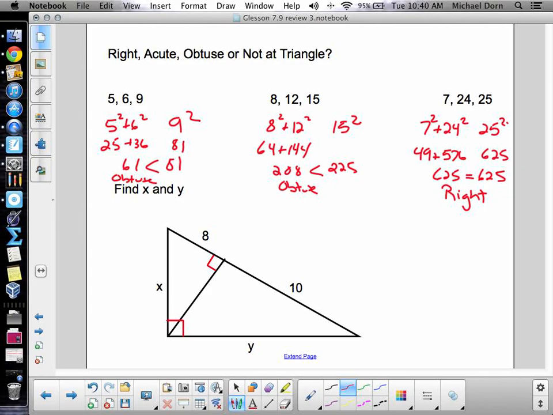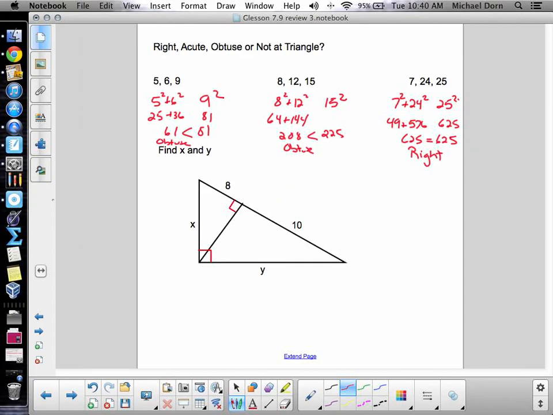If you recognize that, you don't actually even have to show work. You can just write Pythagorean triple and use that recognition as your reason why, if you don't want to show the Pythagorean theorem converse itself.